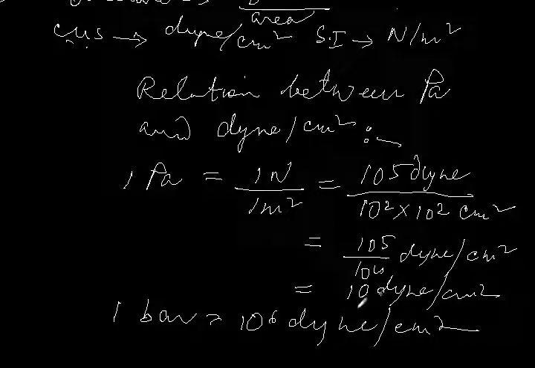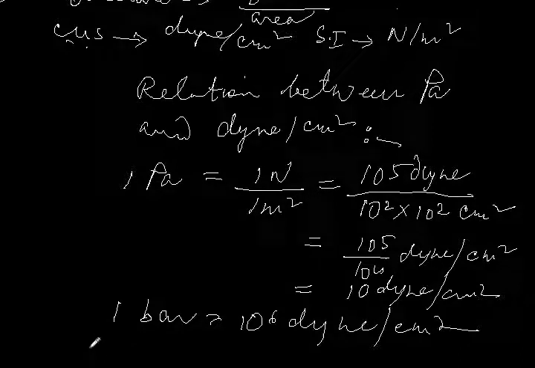Millibar, milli, keep in your mind that milli means 1 by 1000. Millibar is 1 by 1000 into 10 to the power 6 dyne per centimeter square. Such as millimeter is 1 by 1000 meter, milliliter 1 by 1000 liter, milligram 1 by 1000 gram. That is a very minute quantity. For expressing the minute quantity we use milli.